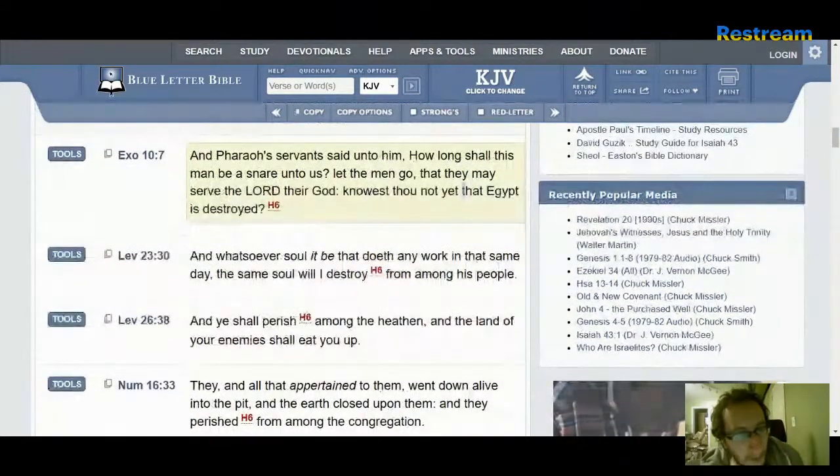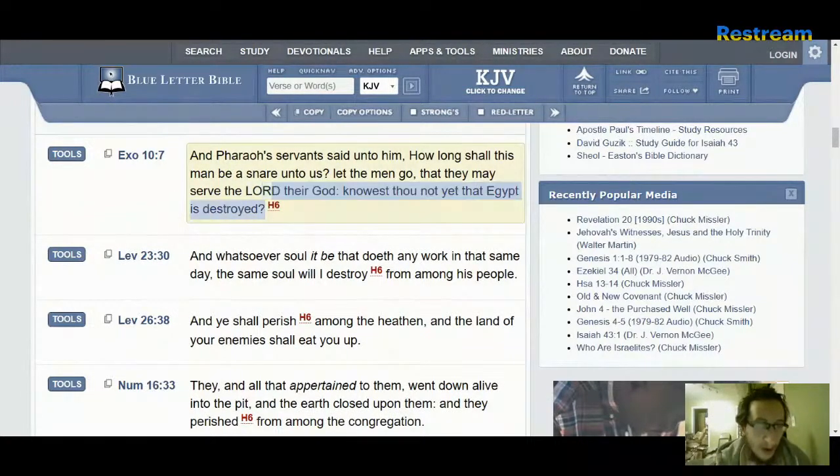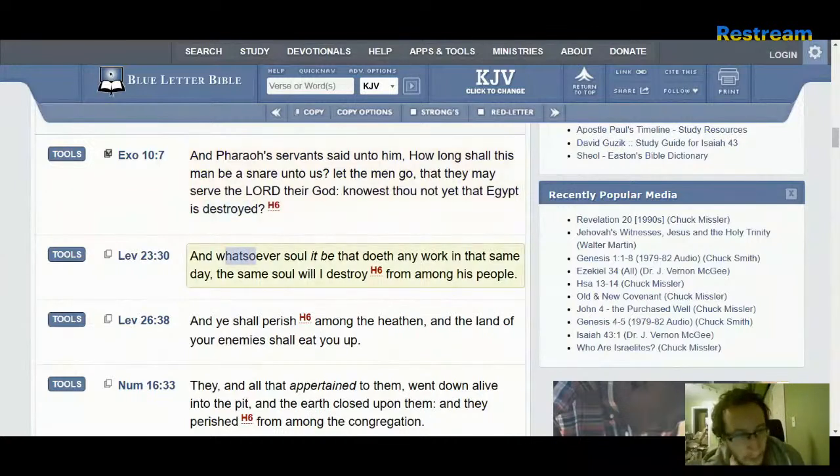Pharaoh's servants said unto Pharaoh, how long shall this man be a snare unto us? Let the men go, that they may serve Yahweh their God. Do you not know that Egypt is destroyed? Well, it's not destroyed. Egypt never was destroyed at that time. It was in great disarray, but it had never been completely destroyed. So this is probably a bad translation. Instead, it should be Egypt is lost, is doomed, essentially.